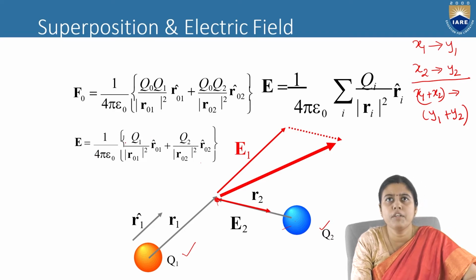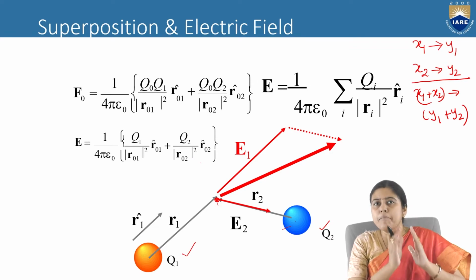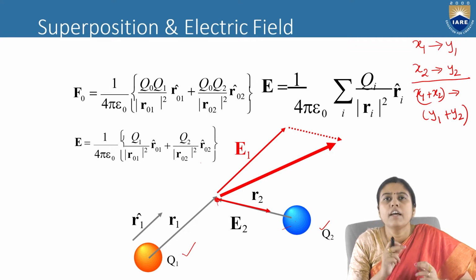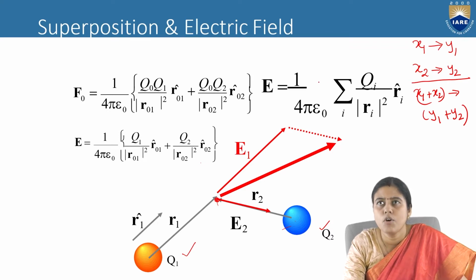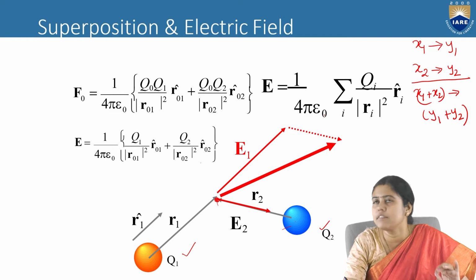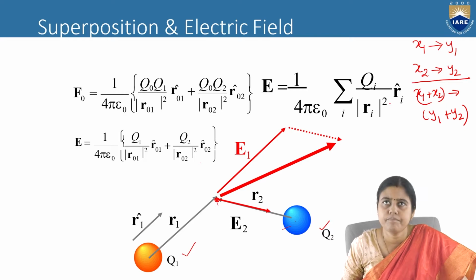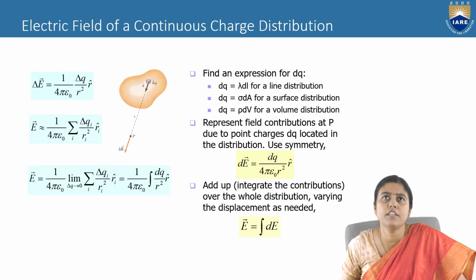E is equal to, if we divide by the test charge Q0, F by Q0, so we get the field E. So E is the summation of the electric field due to individual charges. We can write 1 by 4 pi epsilon 0, or we can write only epsilon also, because epsilon 0 is only for air or the vacuum medium. Summation of i, Qi by Ri square Ri hat. So this is the superposition theorem.